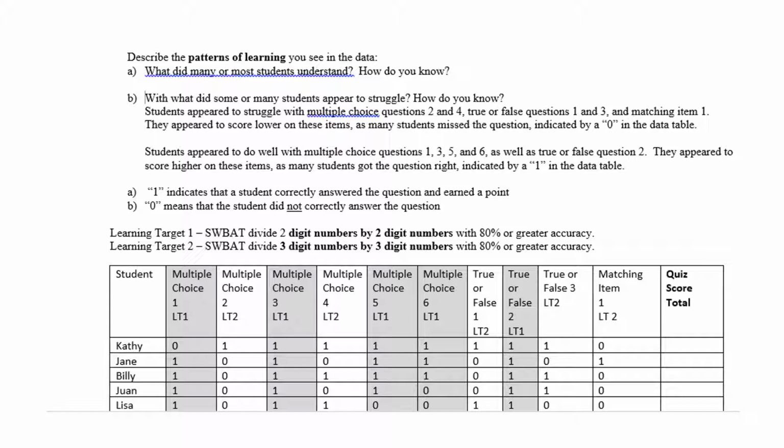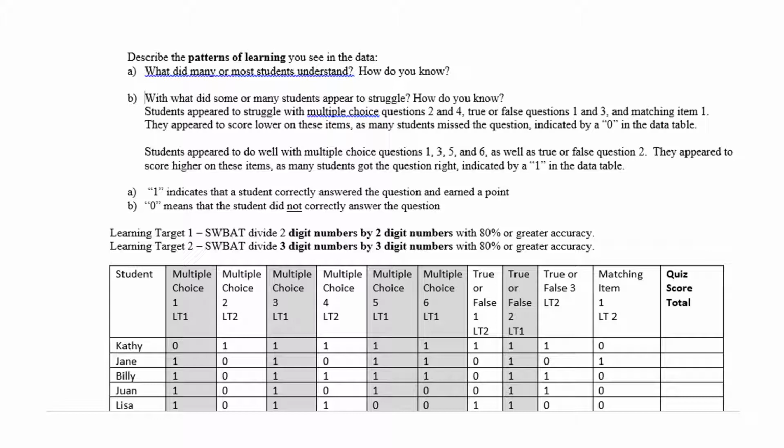So we know, for example, that students did well on item 3. Look at B. Where did some or many students appear to struggle? If you look at it, you see that students appear to struggle with multiple choice questions 2 and 4.